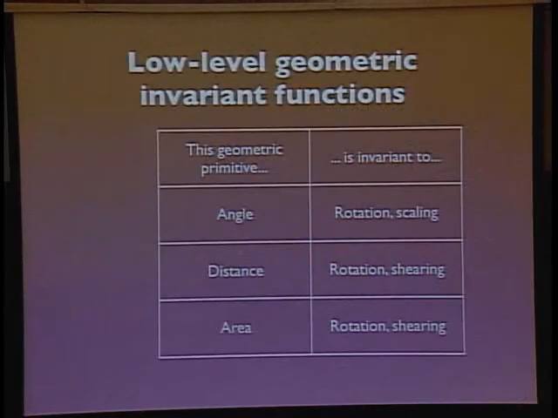And furthermore, let's say that I am only ever going to see images of the cornflake box that are rotations or scalings of some canonical one. Well, then I can use that angle as an invariant feature, because it's automatically, by dint of the fact that it's an angle, going to be invariant to that class of rotations and scalings. So you can do very simple things like calculate angles and distances and areas of things and automatically get some invariant properties out of it.